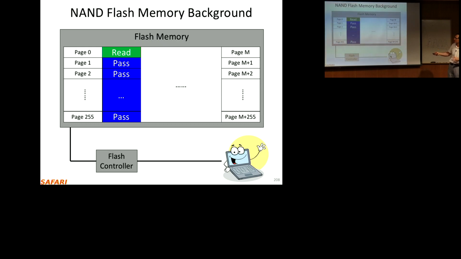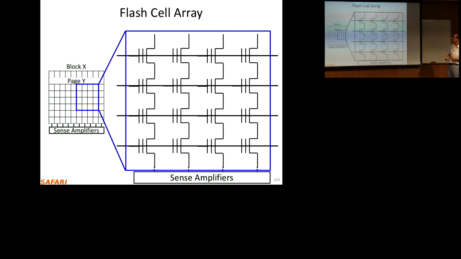The sense amplifiers are at the bottom. You need to apply a read reference voltage over here, and you need to ensure that the other cells connected to the bit lines don't interfere with what you're reading. So you need to apply a higher voltage, called pass-through voltage, to all of the other pages in the same block. Now that introduces read disturbance.